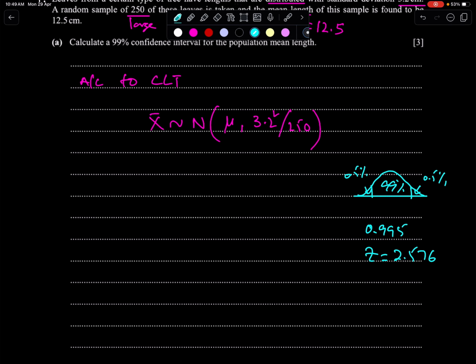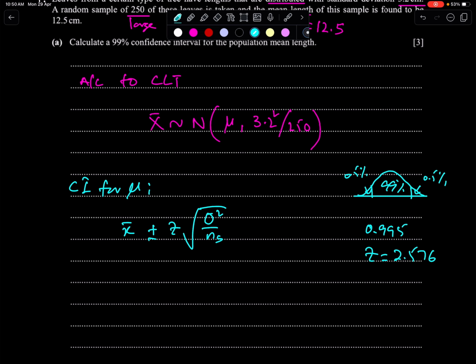Now this is the formula of confidence interval for mu for case B. X bar plus minus z, okay, let me write the formula first, sigma square over n.